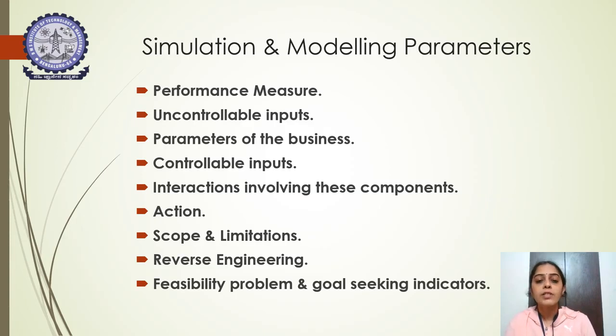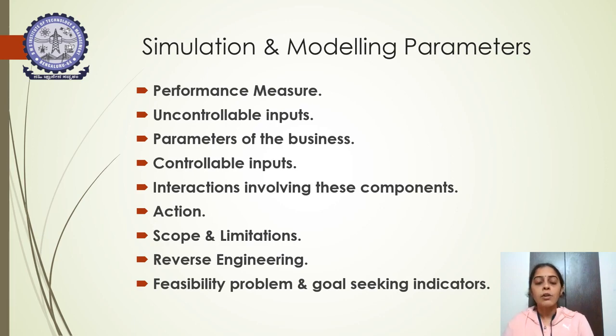All these we have dealt with related to the modeling parameters already. So performance measure, controllable inputs, interaction with these controllable and uncontrollable inputs, and the action. Until here we have dealt with already.